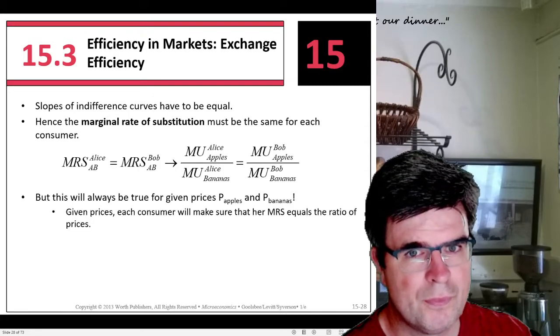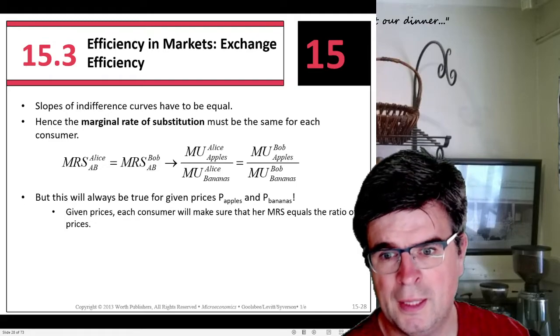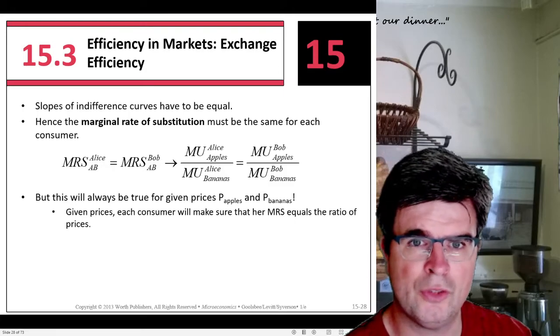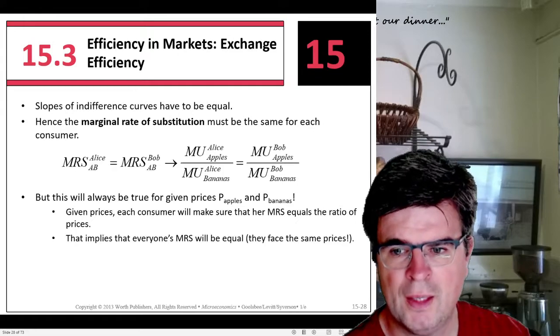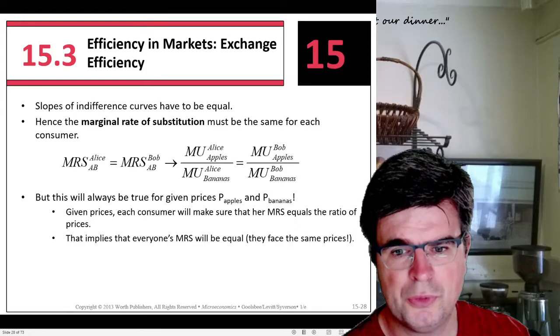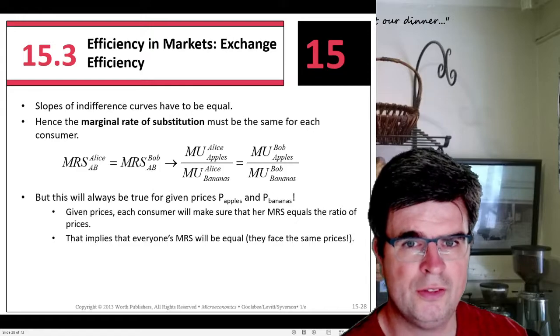So, to reiterate, given prices of apples and bananas, each consumer independently will make sure that his or her marginal rate of substitution equals the ratio of the prices. That implies that everyone's marginal rate of substitution will be equal because all individuals in society face the same prices.